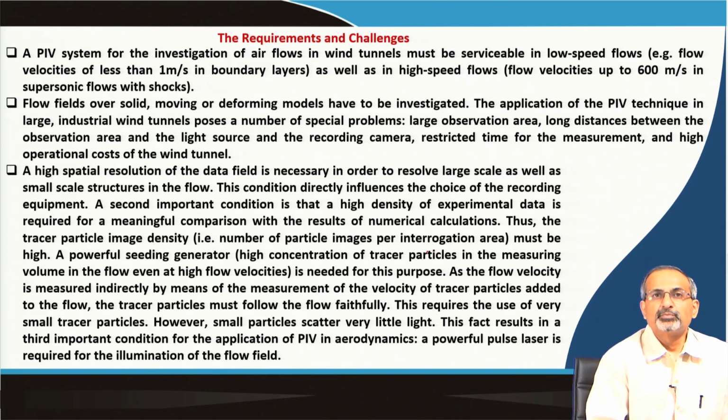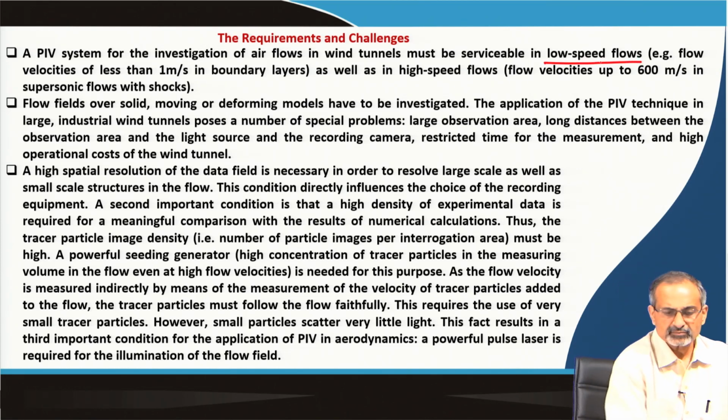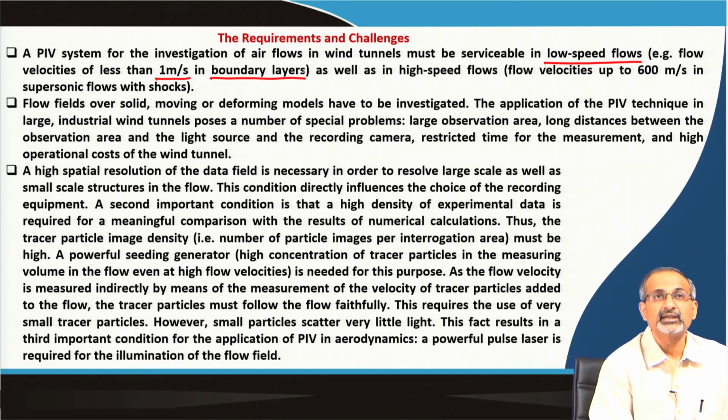However, in order to perform PIV, there are a lot of requirements and challenges which the system should fulfill. The PIV system for investigation of air flows in wind tunnels must be serviceable at very low velocities of the order of say 1 meter per second, which occur within boundary layers, because that is where the flow gets extremely slowed down.